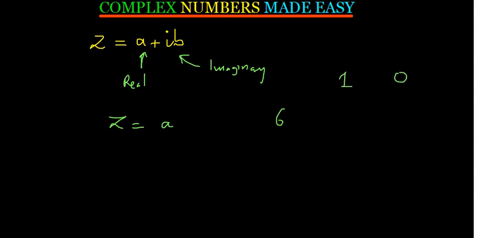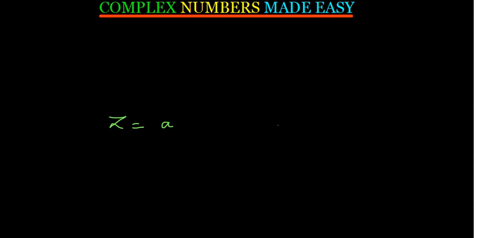What does this tell us? This tells us that all real numbers are complex numbers, but not all complex numbers are real numbers. For example, 6 plus 4i is a complex number but not a real number.